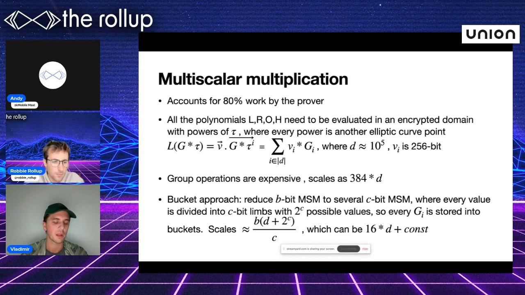BLS also has a property called endomorphism, which can be used to make the MSM much more efficient. Unfortunately, as I said, it's not supported by the EVM right now. Only BN254 is supported, but it doesn't have this endomorphism feature.